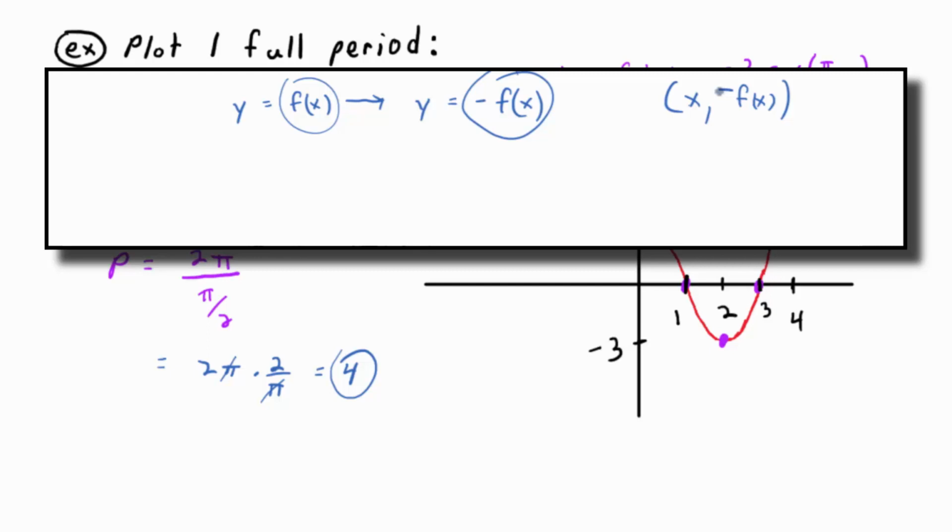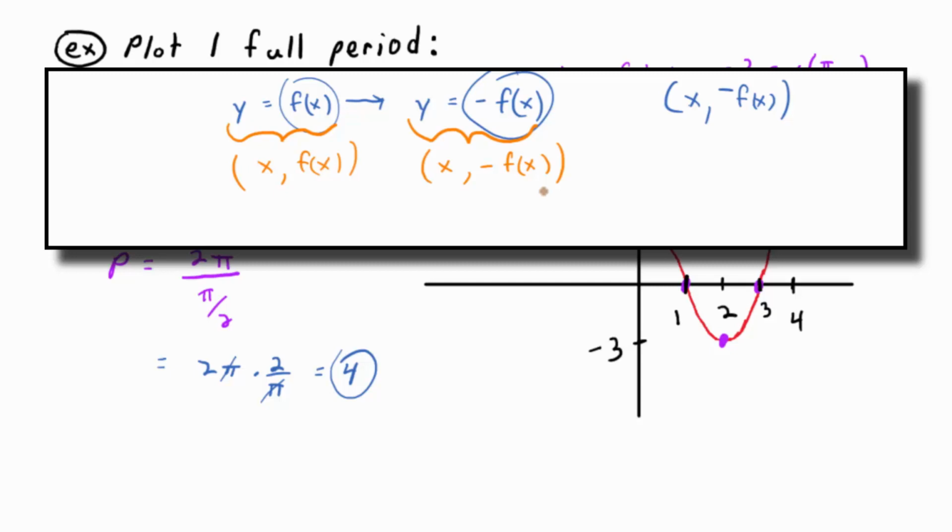I don't think I made that clear, so let me be very clear here. If you graph this function, you're graphing all the ordered pairs x comma f of x, right? If you graph this function, you're graphing all the ordered pairs with the same inputs and opposite outputs: x comma negative f of x.